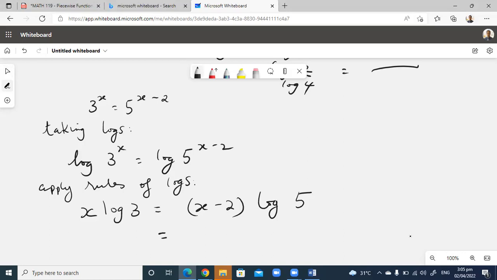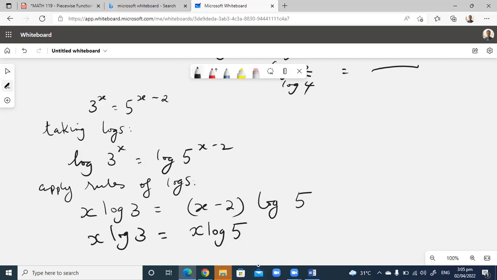So what you do now is this. You're going to try to simplify both sides. So when you have x minus 2 log 5, you multiply each of the terms inside a bracket by log 5. So let's do that now. You'll get what? x times log 5 is x log 5.